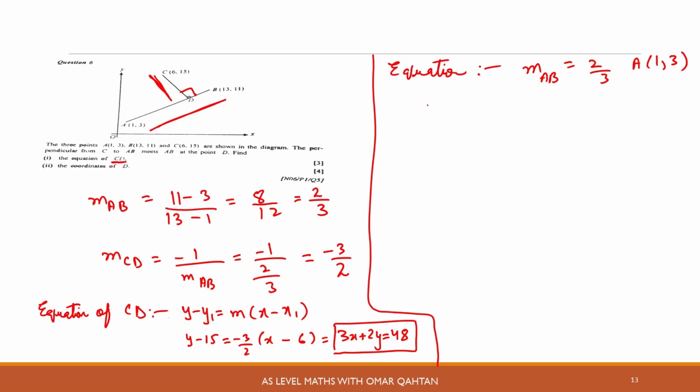So my equation will become y minus 3 is equal to 2 upon 3 into x minus 1. So my equation is 3y minus 2x is equal to 7. So now just solve these two equations simultaneously and you'll find the coordinates.